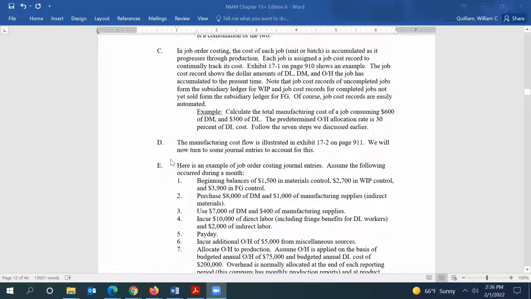If you want to look at that, you can. So here in E, here's where we have the example of job order costing journal entries. And we'll assume the following occurred during a month. Now, the first thing is that we have beginning balances of $3,500 in materials control, $2,700 in work in process control, and $3,900 in finished goods control. And I will explain that to you.